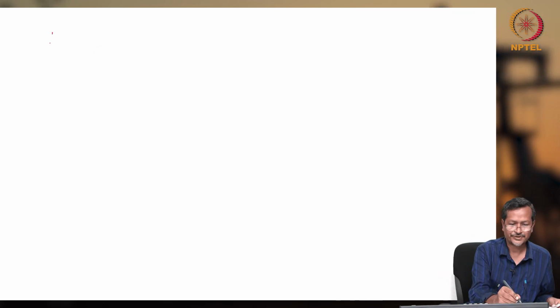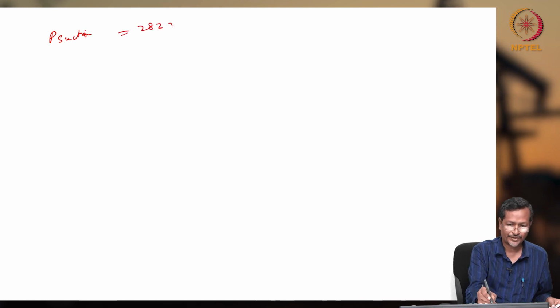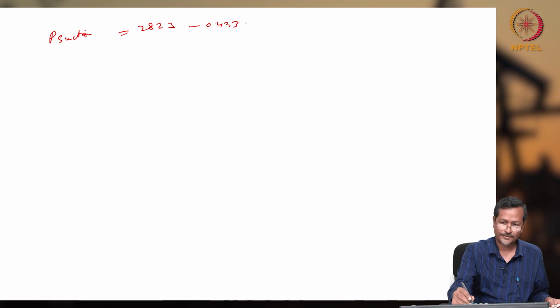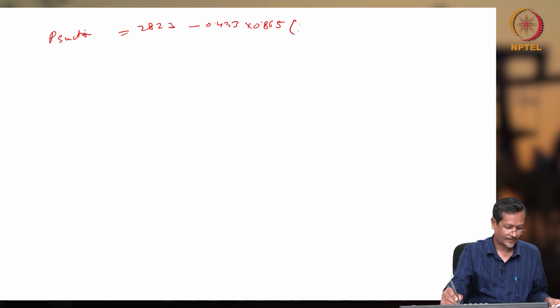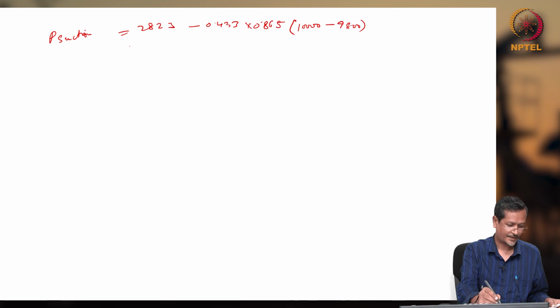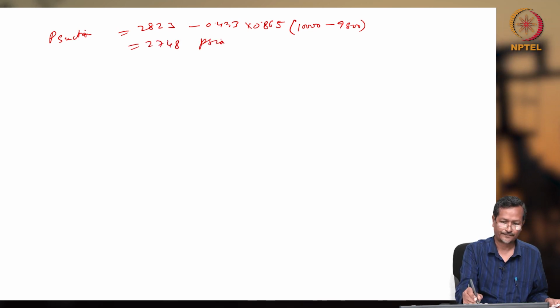P suction pressure equals 2823, we have seen, minus 0.433 times 0.865 times 10,000 minus 9800, so it is giving 2748 psi.